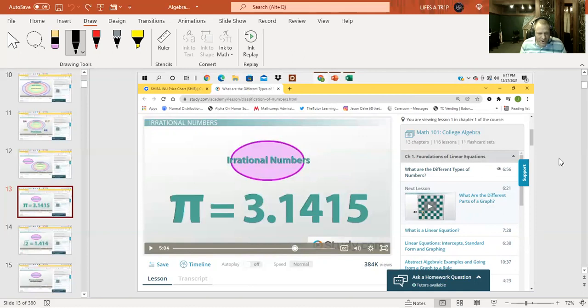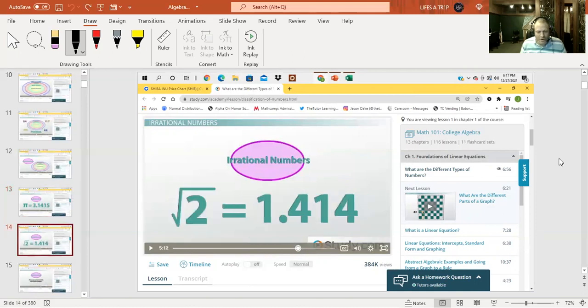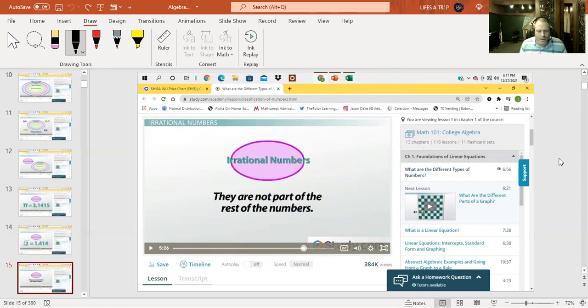Let's take a look at another irrational number: the square root of 2 equals 1.414. Those are irrational numbers. And write this down, guys: irrational numbers are not part of the rest of the numbers.